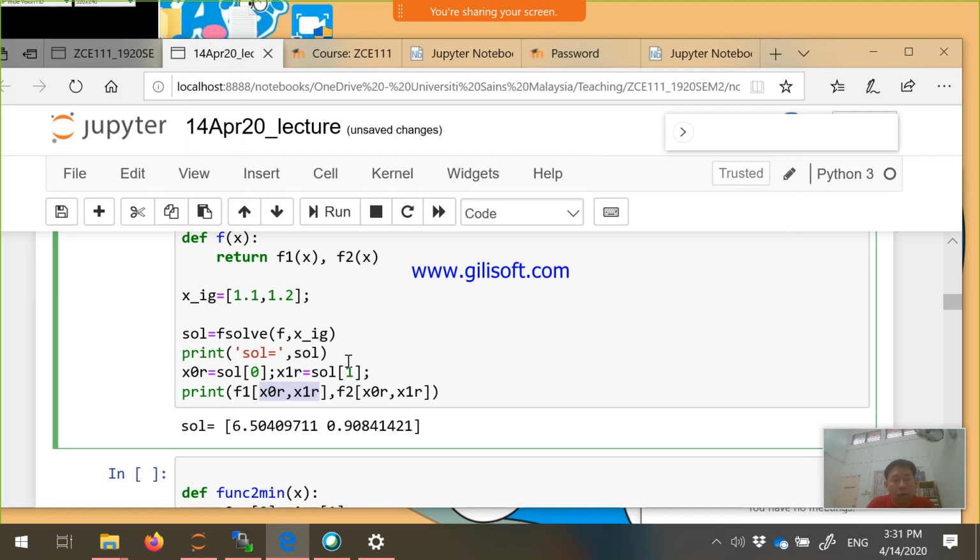You can also try to print out f2 evaluated at the root. Now what do you expect? That is, when you print out, what do you get?